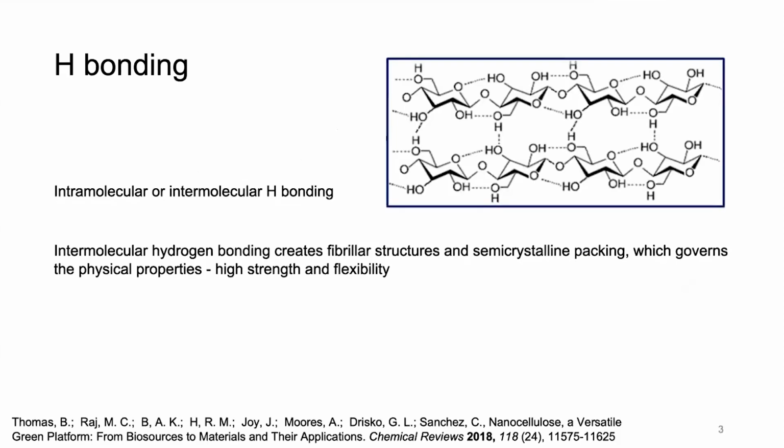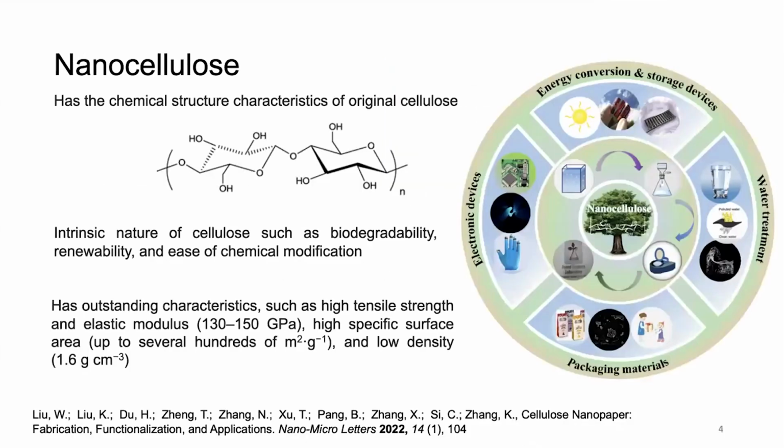Let's talk a little about hydrogen bonding. These polymer chains can form hydrogen bonds because of the OH functional groups. Because of that, it can have fibrillar structures or semi-crystalline packing, and it also gives cellulose high strength and flexibility.